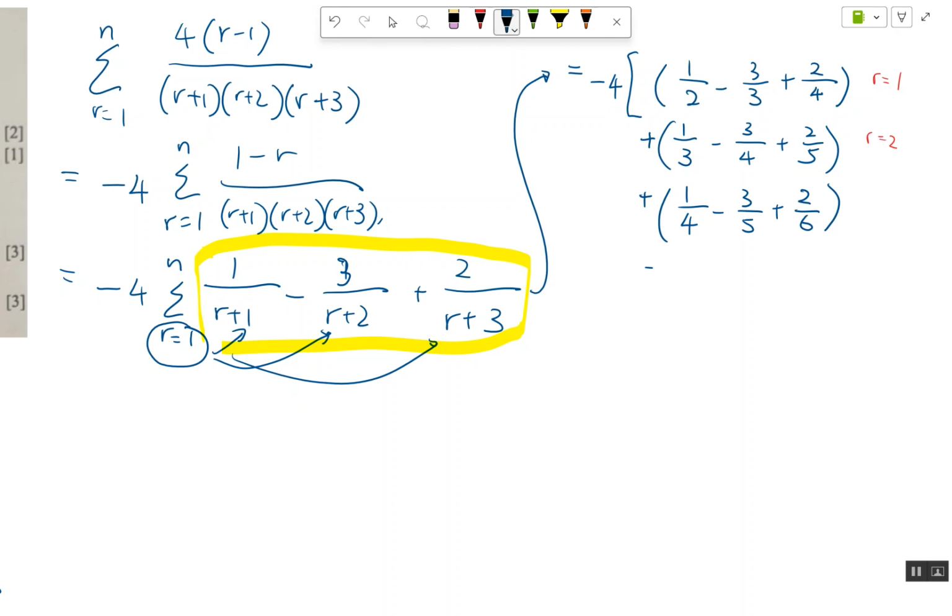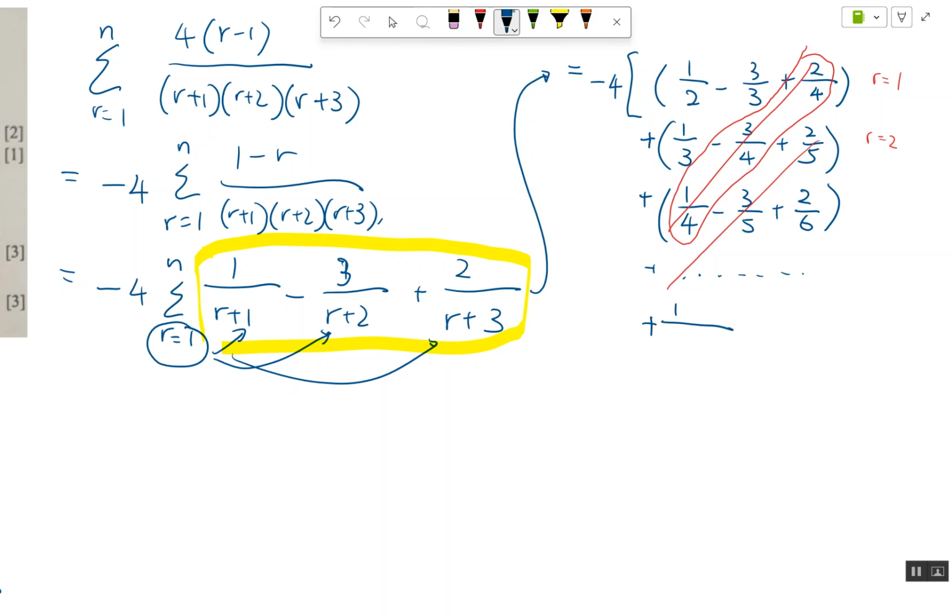Now we have to look for diagonals that can cancel. Usually when you have 3 terms, the diagonals are spread across 3 terms. 2 over 4 minus 3 over 4 plus 1 over 4, and you realize that this is going to be 0. So the cancellation is going to go in this way. As a good habit, I will always write the last 2 terms.